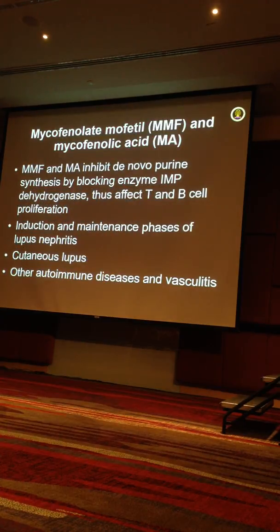Mycophenolate and mycophenolic acid are both used for the induction and maintenance phases of lupus nephritis. They can be used in refractory cutaneous lupus and other autoimmune diseases like inflammatory muscle disease, polymyositis and dermatomyositis, and some vasculitis, if they cannot tolerate cyclophosphamide or do not respond to azathioprine.